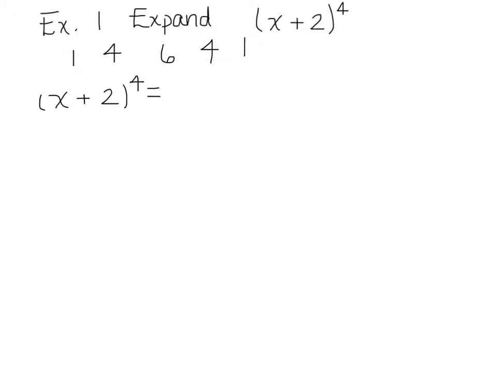So the way that you do it, and the binomial theorem uses a binomial sum. So this is already a sum, so you're okay. Alright, so the first thing you do, you're going to take your coefficients. I'm going to put them in pink. So for my first term, which is x, I'm going to raise that to the 4th power.